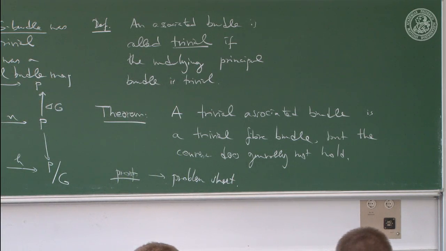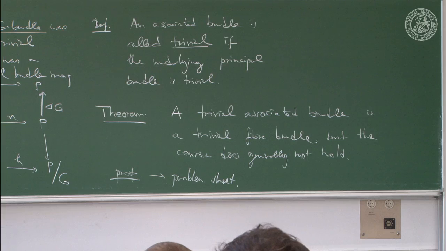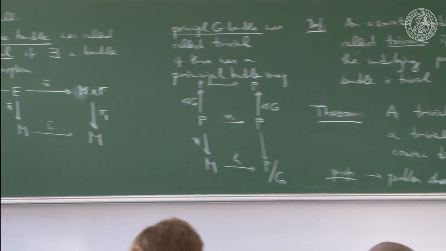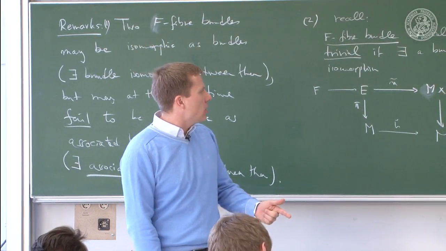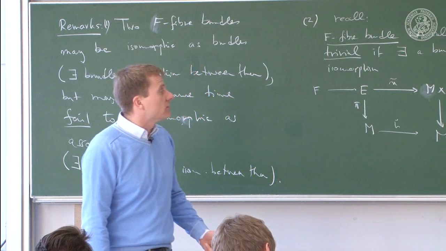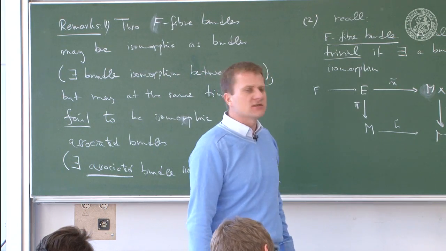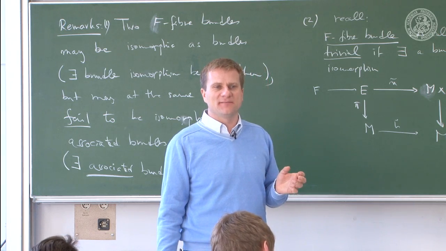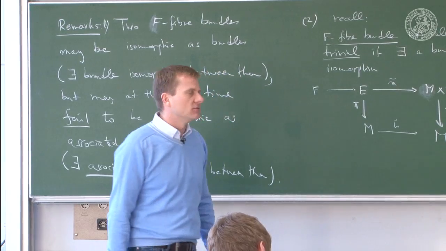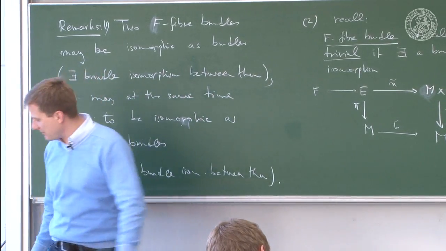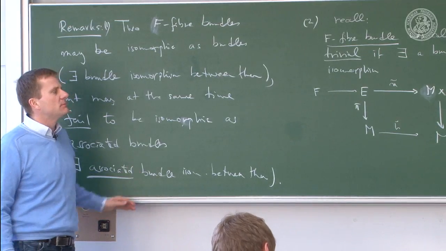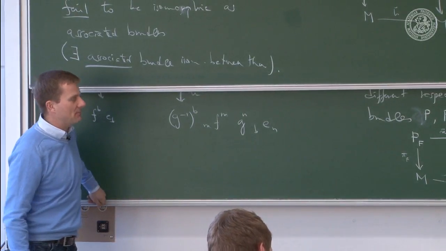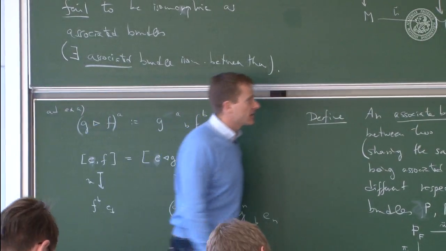Whenever you are handed a bundle and somebody claims it's trivial, you're going to ask, hang on, is this just a bundle? Is it a principal bundle? Well, then you will probably already know. Or do we consider this a specific associated bundle? In each of these three cases, triviality has another meaning. So it's important to remember this. This is the usual business of refining the maps between objects according to the structure they carry.